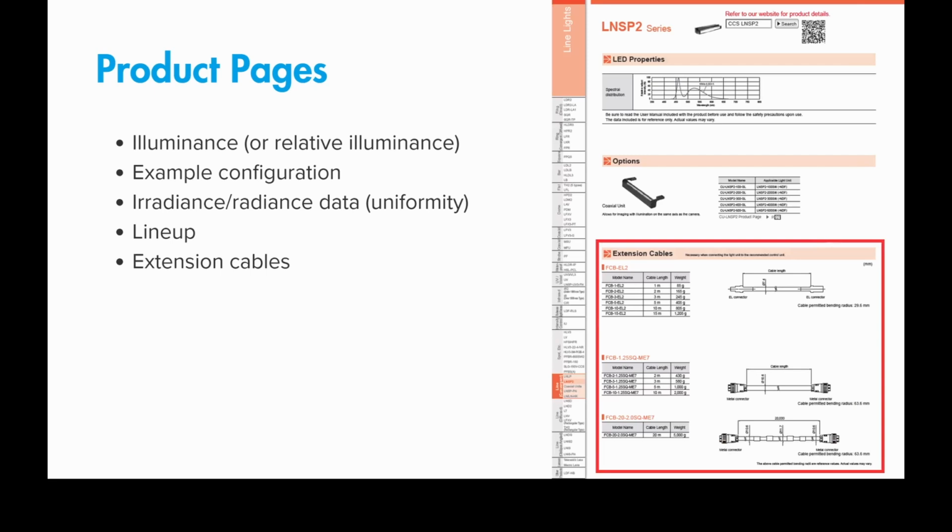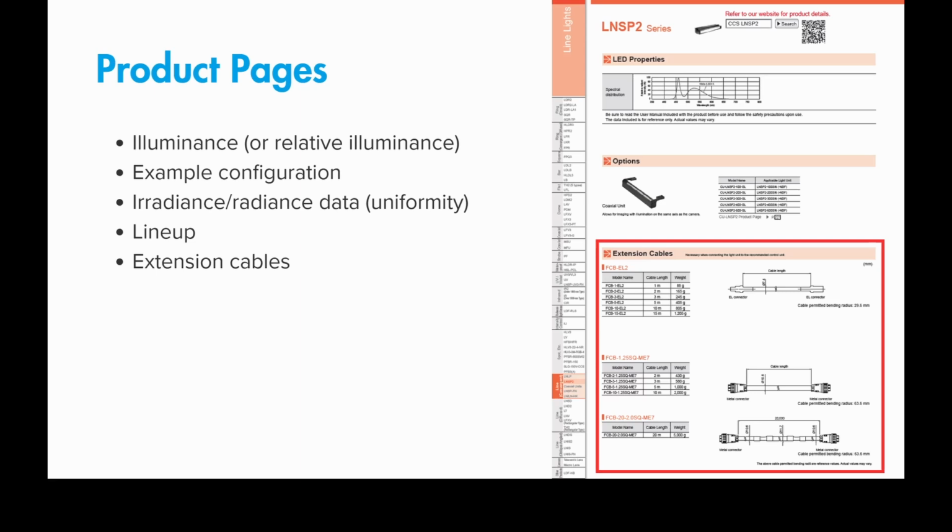Then we talk about the extension cables and options. So not every light will have options, which is why I don't have it highlighted, but certain ones do, so if it does, it'll be listed here. When it comes to the extension cables, it is important to pay attention to this. When you have area scan extension cables, for the most part, it's an SM connector or an M12 connector if it's ordered that way. Flying lead also if it's ordered that way.